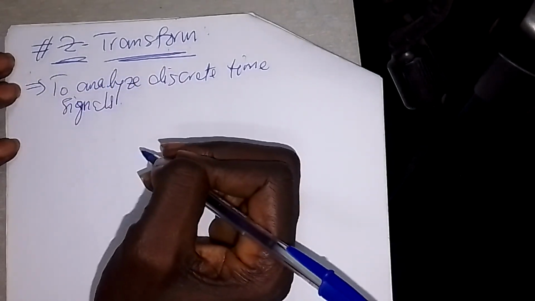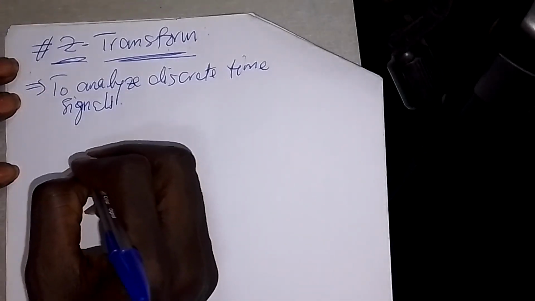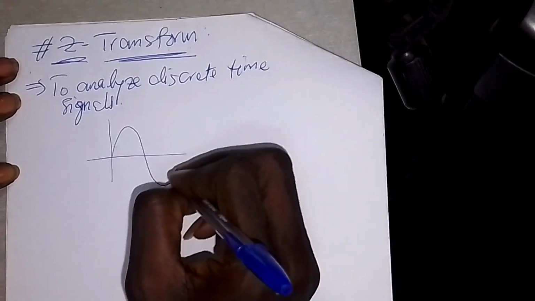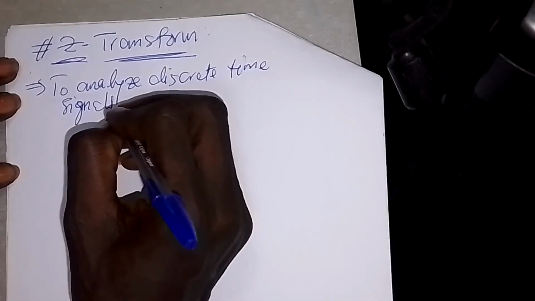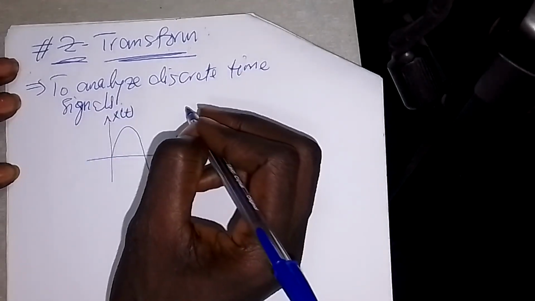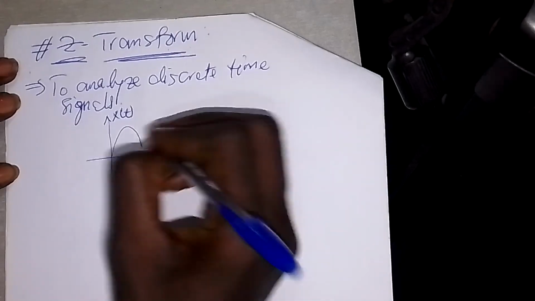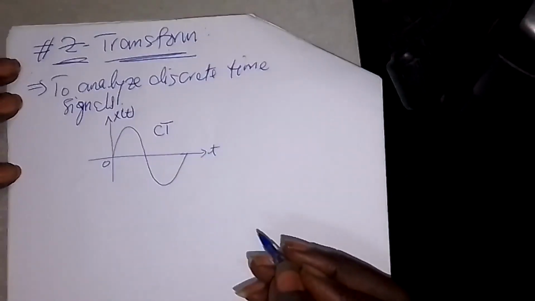So what are discrete time signals? I know you'll be familiar with a signal. This is a signal, x of t, and here is t, here is 0. This signal is called a continuous time signal.